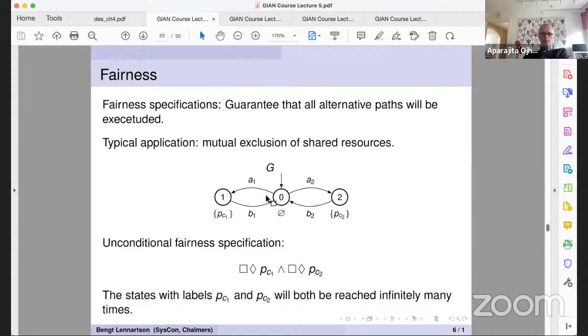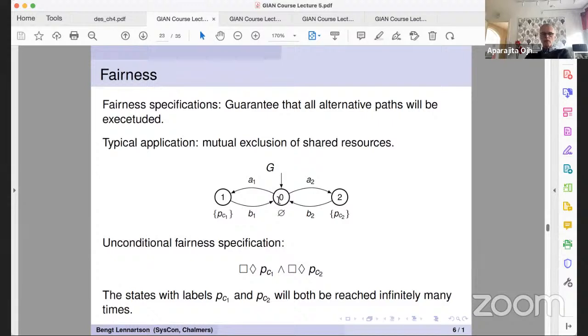The fairness, what is that? Well, here you see that you have two alternatives. Say that state 1 means that you use one printer and state 2 means that you use another printer. Now, if all customers go in the left direction and always use the first printer, maybe it's not so good, because then that will get problems earlier.